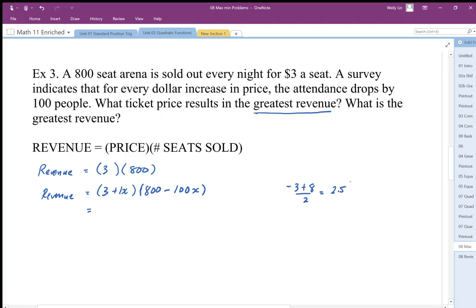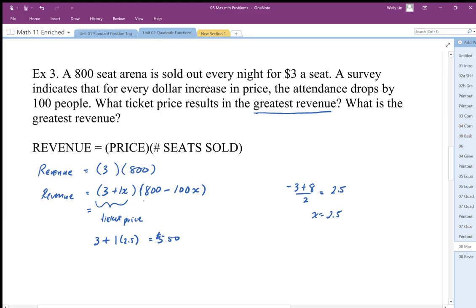So x is equal to 2.5. What is the greatest revenue? We have to calculate the revenue. This represents the ticket price. The ticket price is 3 plus 1 times 2.5, which is equal to $5.50.